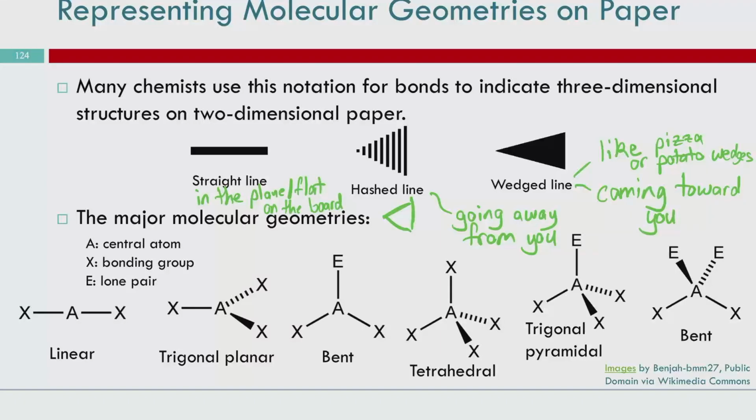The hashed line is this one going away from you, projecting to the outside of the classroom or into the board. This is just one way you can represent these. You can shift them around in 3 dimensions however you want, as long as it makes sense. We won't really be doing much with this, if anything. It's just so that you know and don't get confused in case you see it. This is what these things mean.